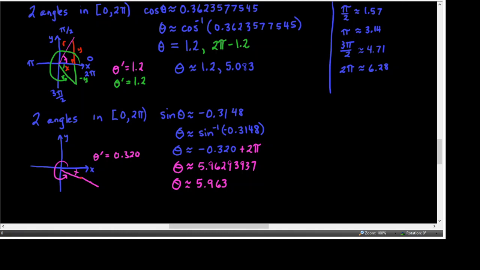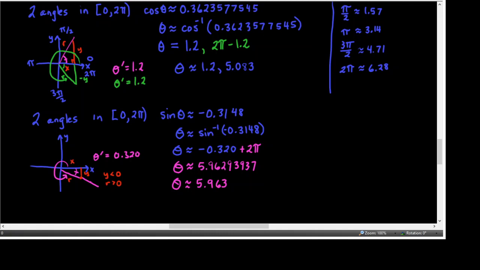All right. So since sine of theta is y over r, and here we have a negative y, right? Y has to be negative because our sine answer is negative. And because r is always positive, that means y has to be negative. So where else could I draw a reference triangle where y is negative, r is positive, but right here I already have a positive x.